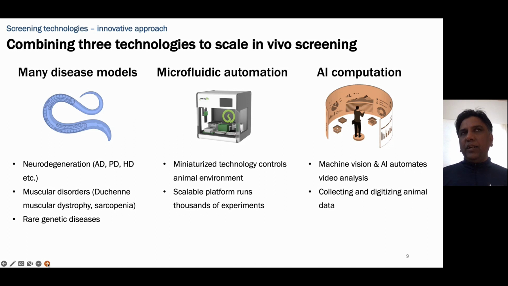So you need a way to analyze images and detect all the phenotypes. This is where we are using AI as a tool to do automated image processing and extract data out of these videos. So this is the entire pipeline, which involves using this organism, microfluidic automation, and AI to do the analysis.